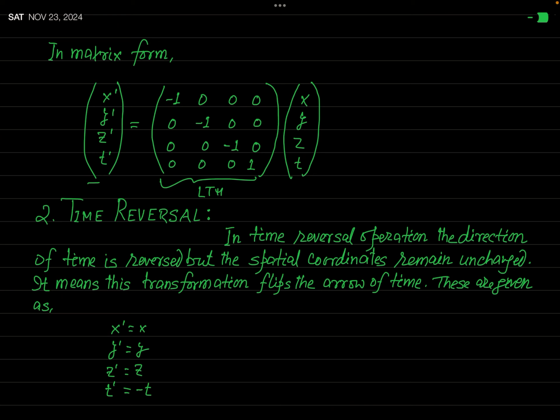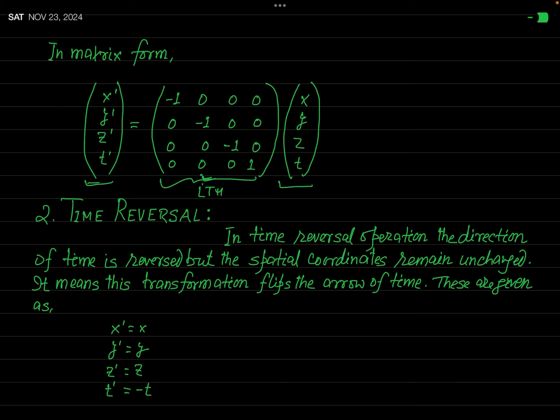We can see, and when it is operated on this column matrix x, y, z, t, then you get this column matrix or column vector. Okay, again you can check. When you find the determinant of this transformation matrix, which is a 4 by 4 matrix here, you will get that its determinant is equal to -1.